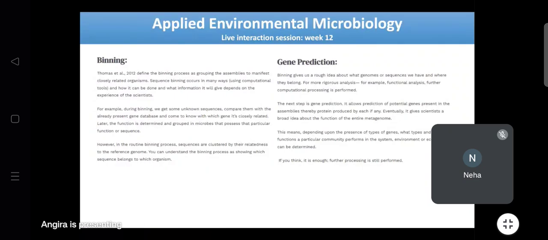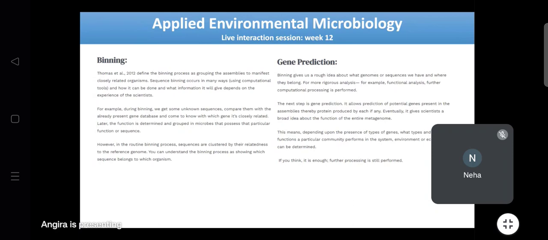Depending on the comparison, the function of the gene is determined, and depending on that, the microbes are grouped depending on the particular function that they can perform. And this is all defined by the sequence of the nucleotides that is present.